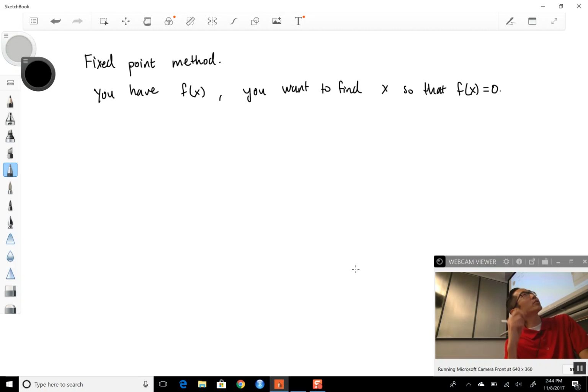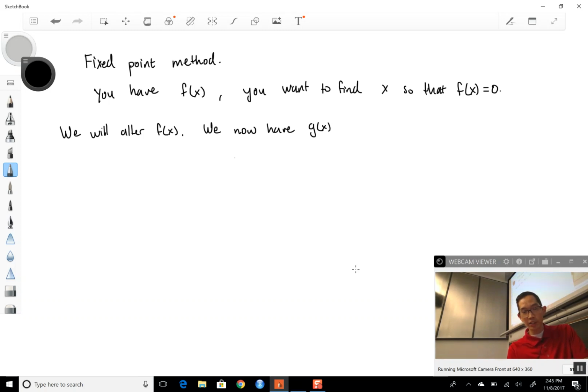Well, what we're going to do is we're going to alter f of x so that we can solve a different problem, okay? So we will alter f of x. We now have g of x.